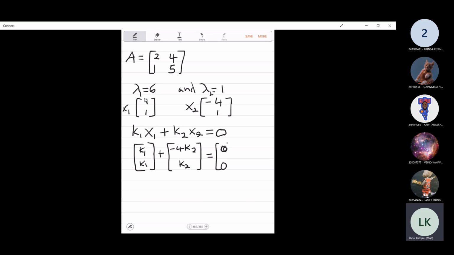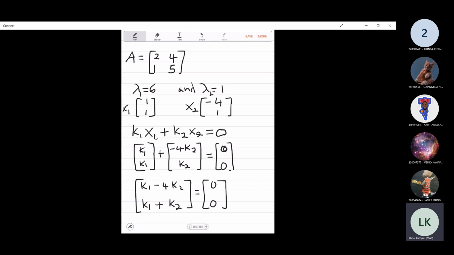Okay, so we know how to add two matrices together. So we would have k1 - 4k2, k1 plus k2. This is equal to 0, 0.